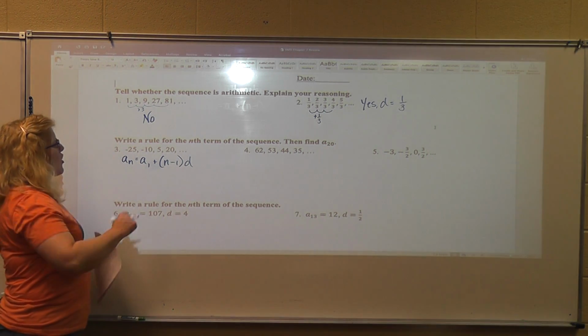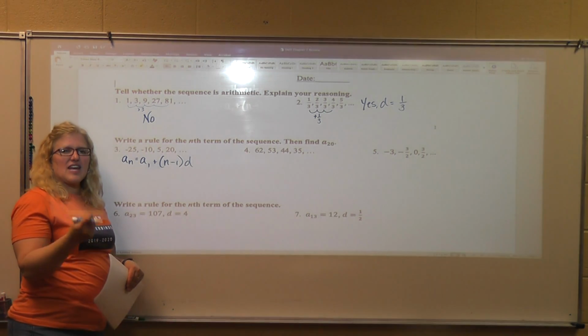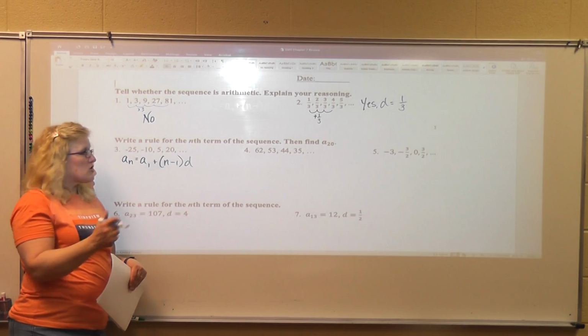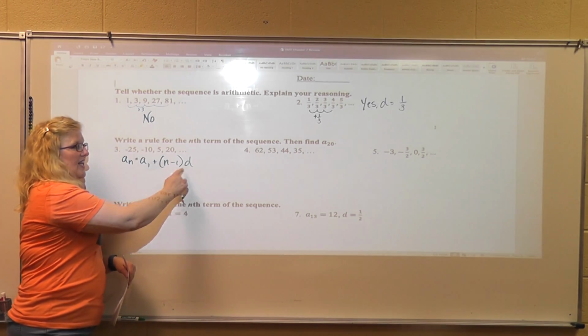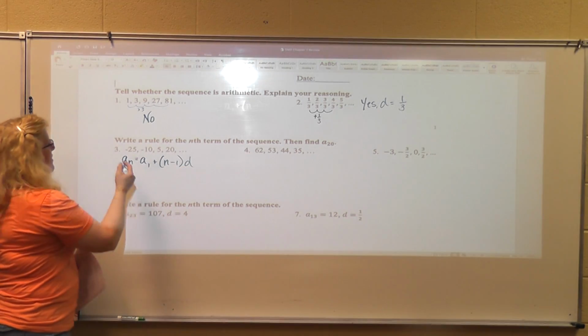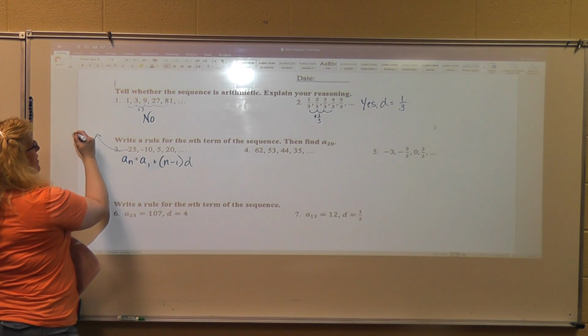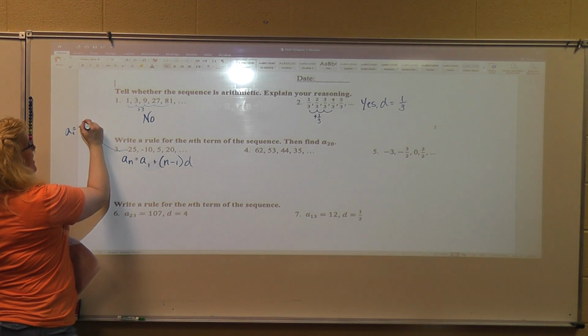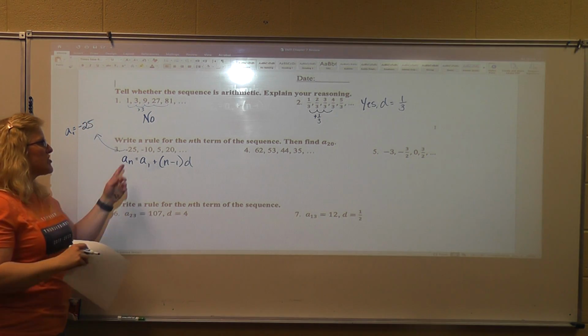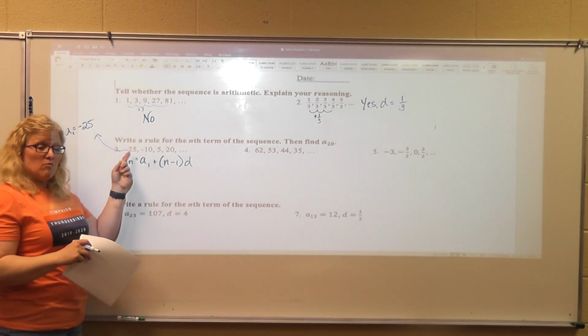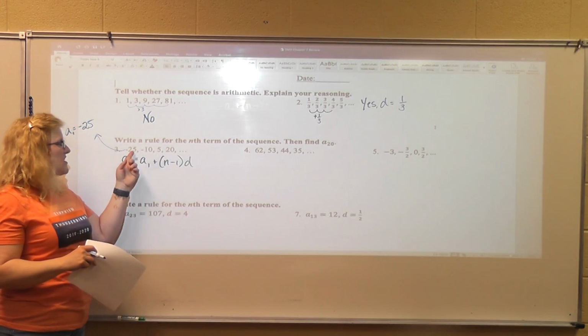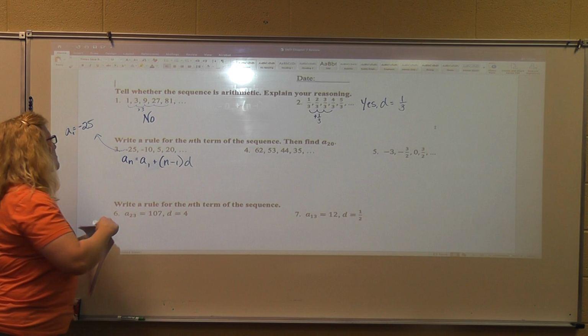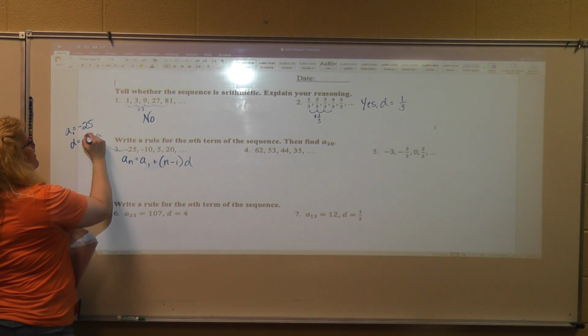Okay, so the n's are going to stay in the formula. We need a sub 1 and we need d. In this problem, a sub 1 is negative 25. It's always your first term. And d, the difference, is what's being added each time, and that is 15.